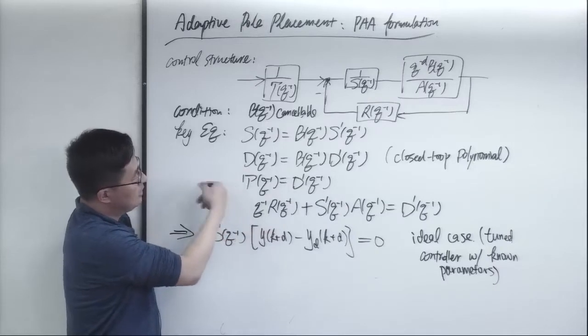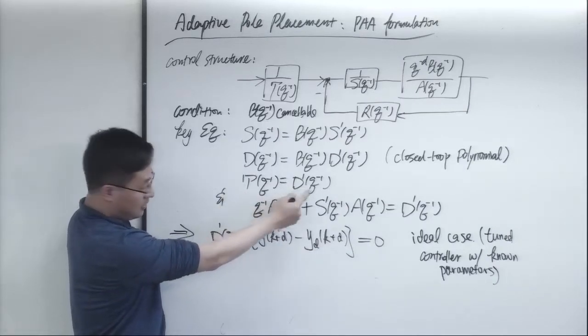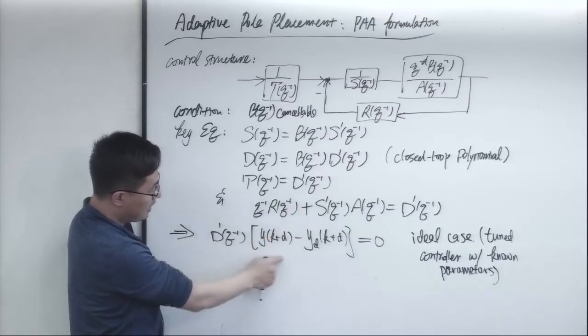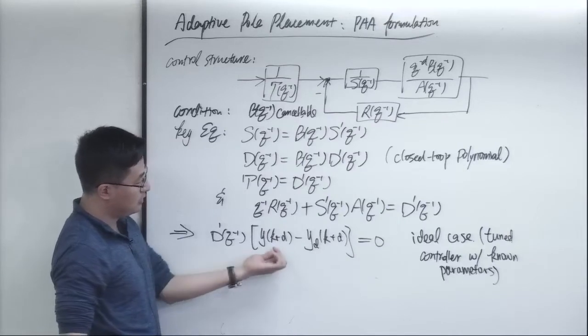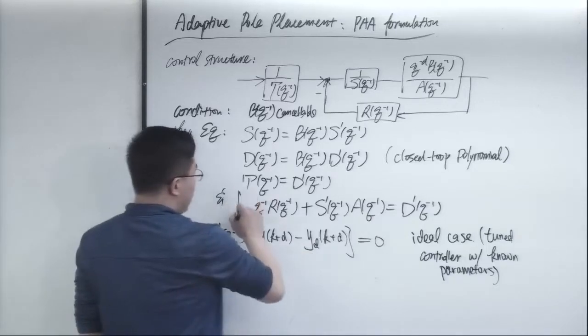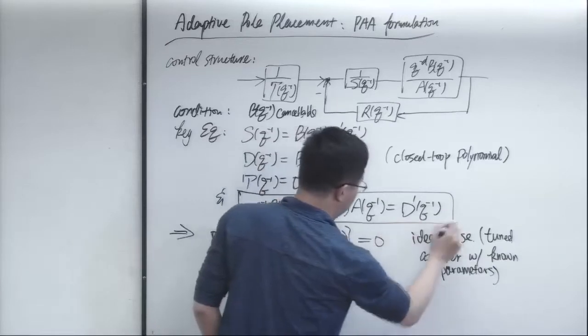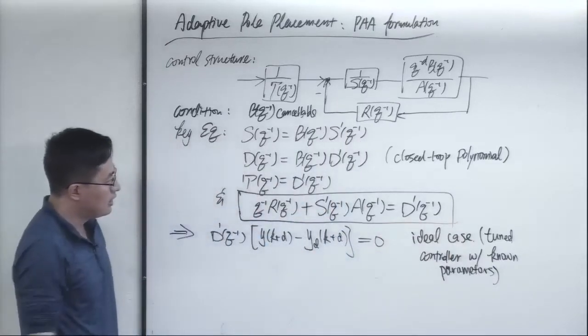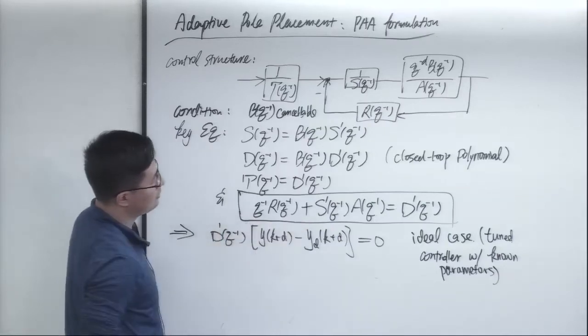And then after some algebra, we said if we choose T to be D prime, then we can, in the end, have this very nice scenario where the output will track a desired reference. The key equation that we need to design is this Diophantine equation from last time. And we know it's going to be solvable under the coprime conditions.